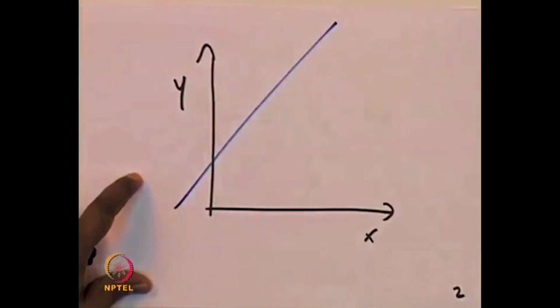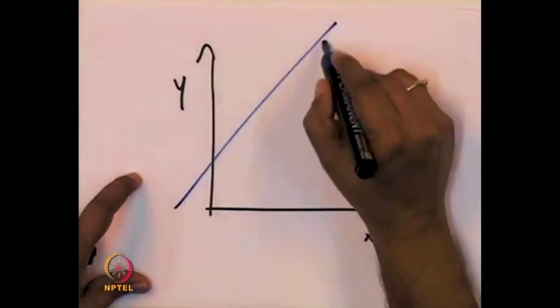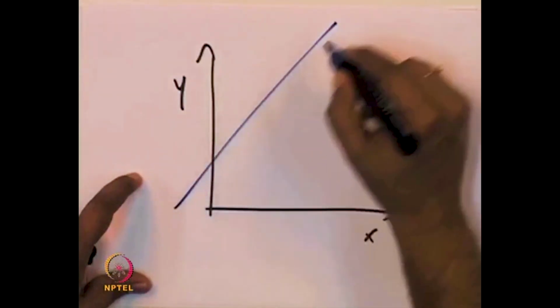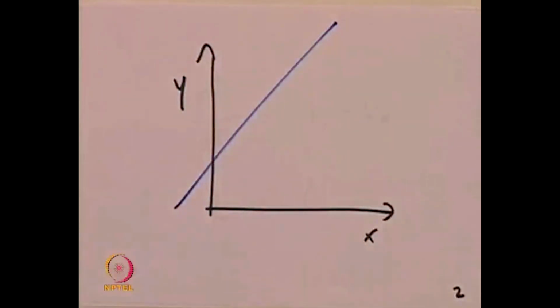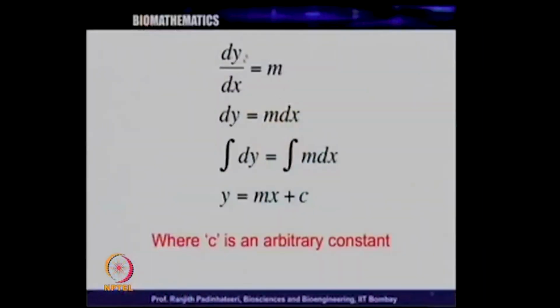You have such a curve, and at any point if you find the slope, it has the same slope. So such a curve has a constant slope. So dy by dx is m, a constant. From knowing this, one can write dy is equal to m dx. I can take dx this side and write dy equal to m dx, and you integrate on both sides.